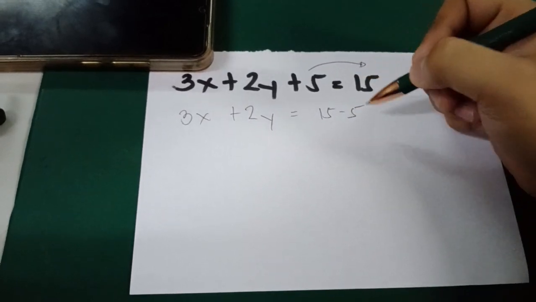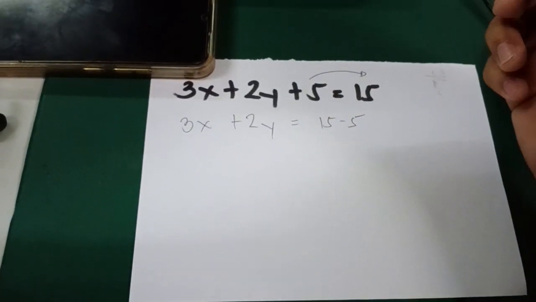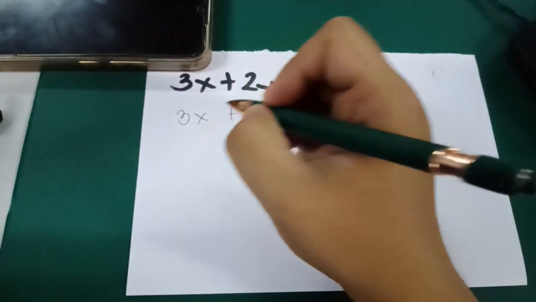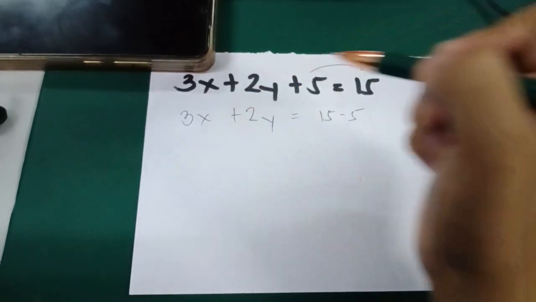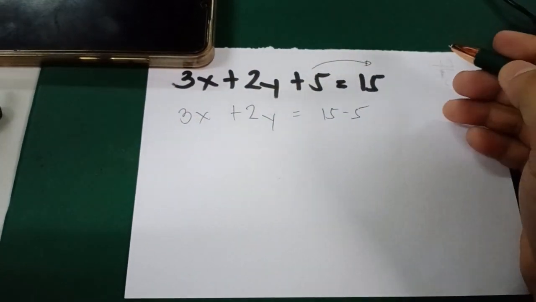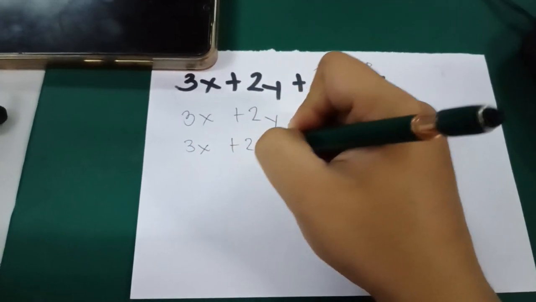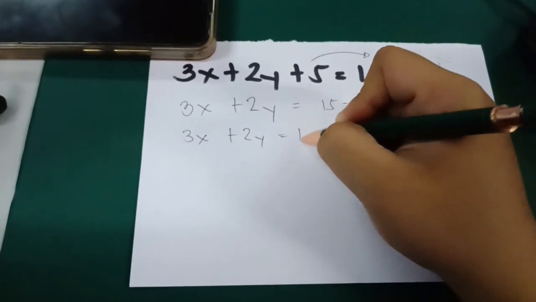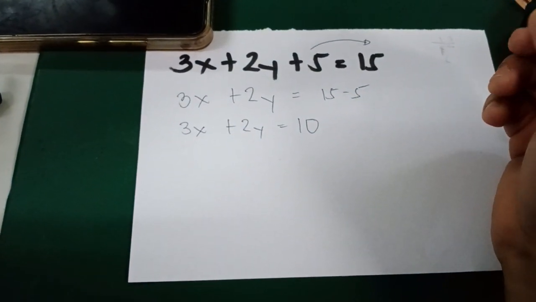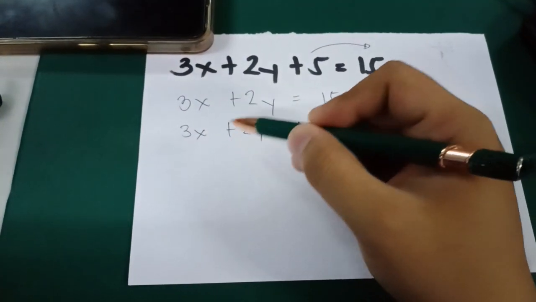So basically this is 10. So what we're going to do, we have to compute for the x and the y. Let me just rewrite this first. 3x plus 2y is equal to 10. Now we have to get rid of the 2y.